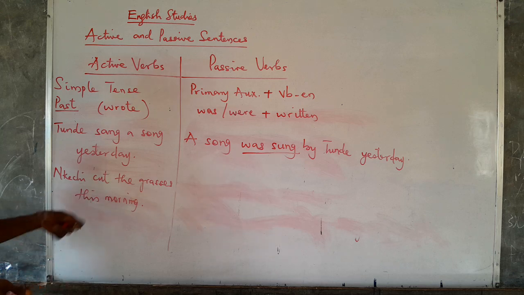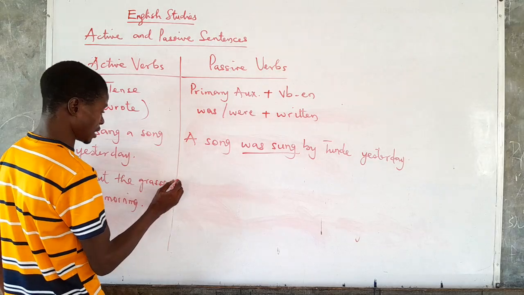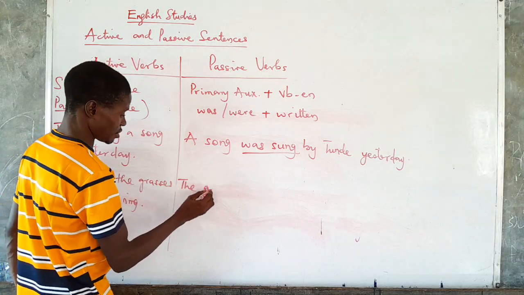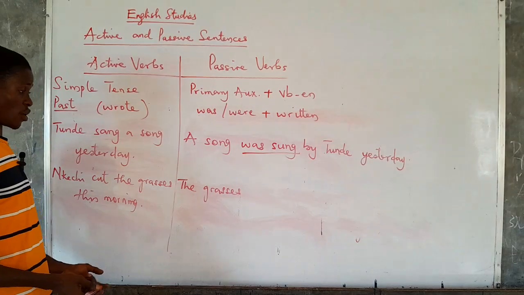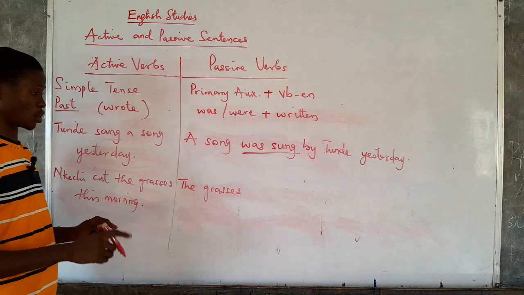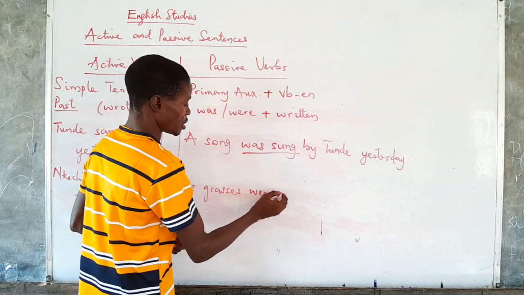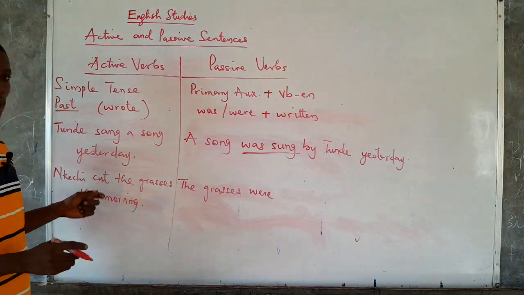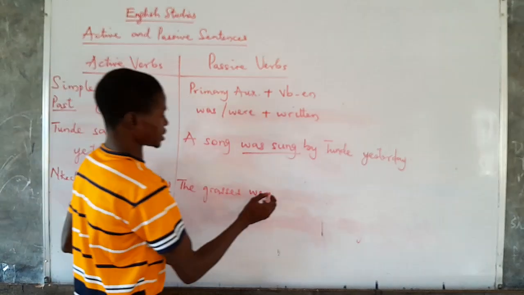Now what you do is you just add the grasses. The grasses. Now the grasses, is that singular or plural? Basically that would be plural. Just use were. The grasses were, passive of cut, as in past participle of cut is going to be cut.